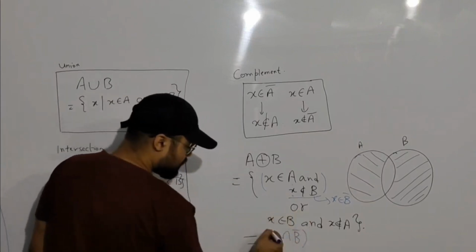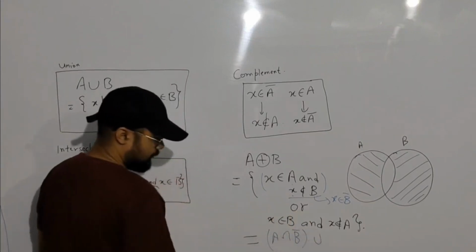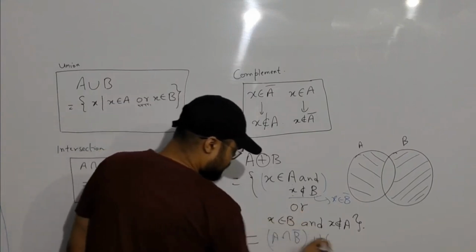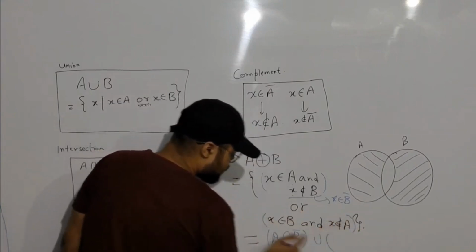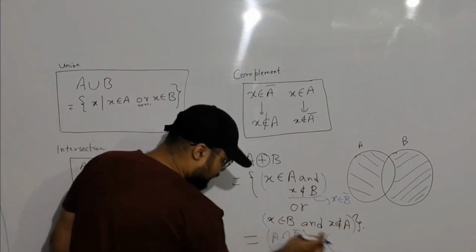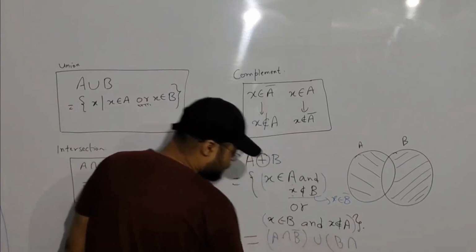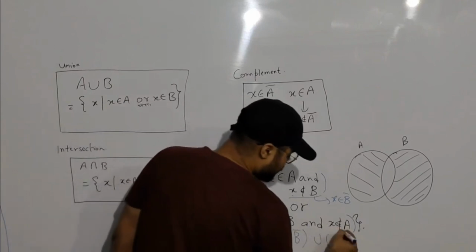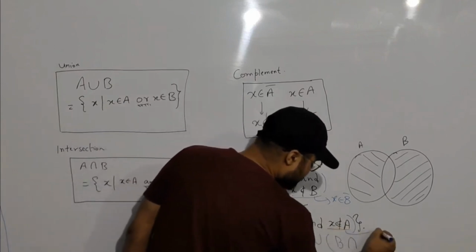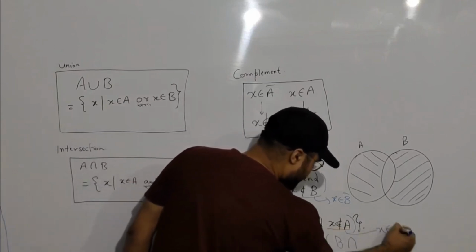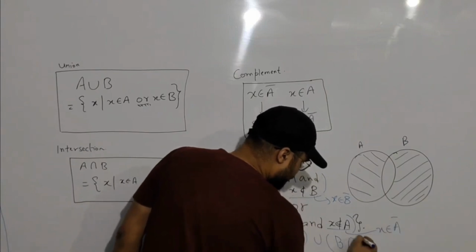Or means union. Then look at this part: X belongs to B and X does not belong to A. X does not belong to A means X belongs to A complement. So B intersection A complement.